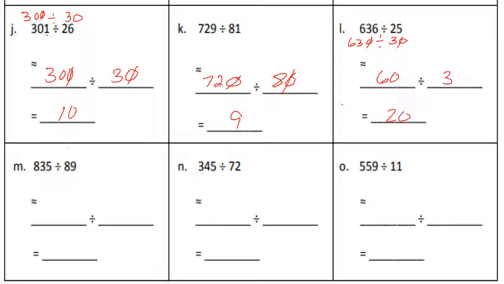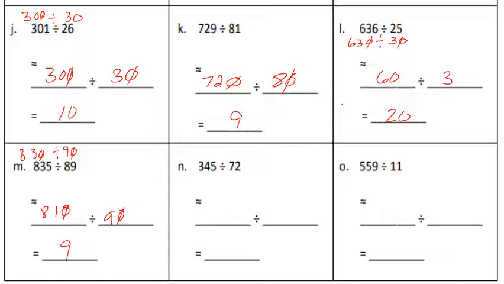The next one, 89 is close to 90, and a compatible number here, I have 830. So take off my zeros. I know that 9 times 9 is 81. So I would do 81. When we took our zeros off, 81 divided by 9 would be 9.